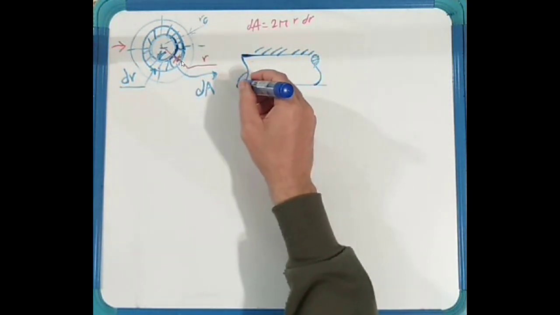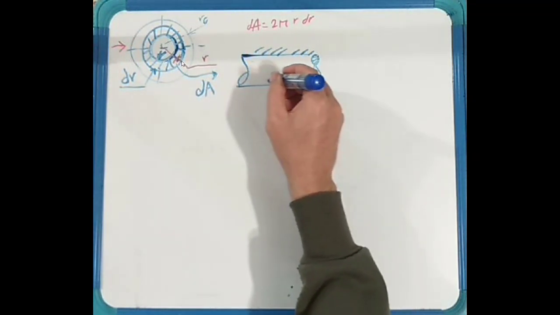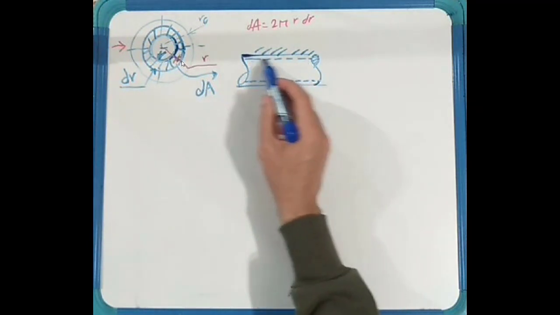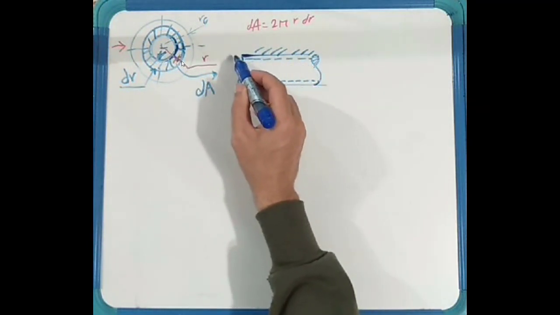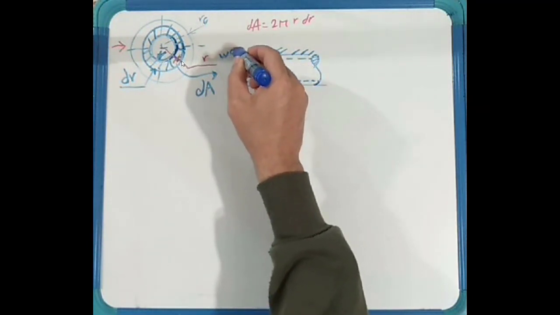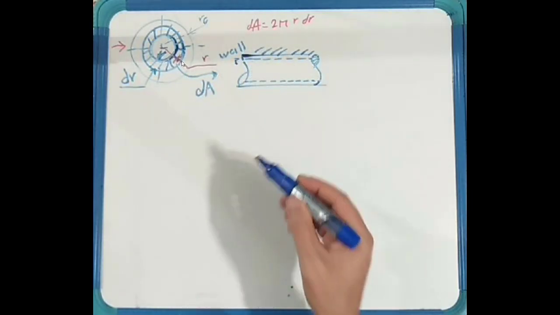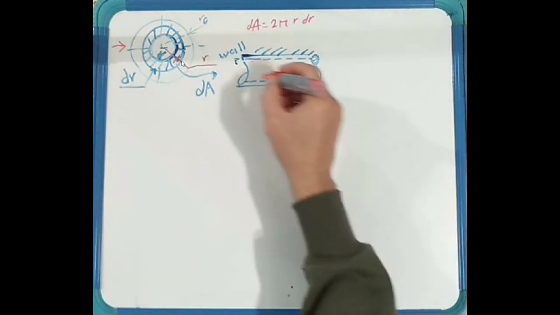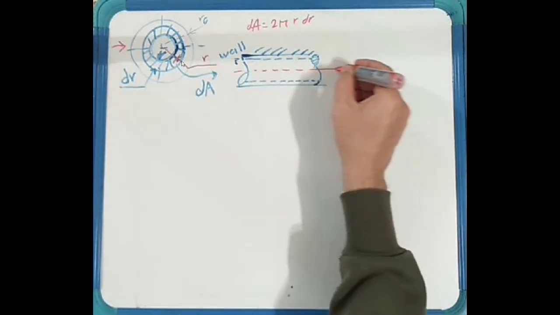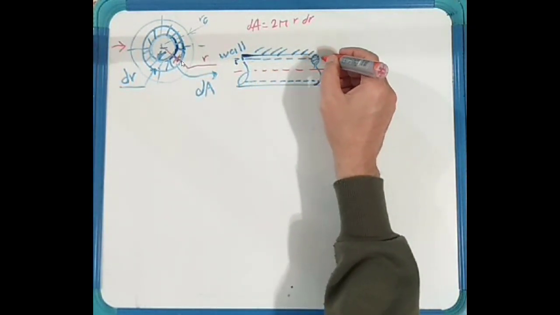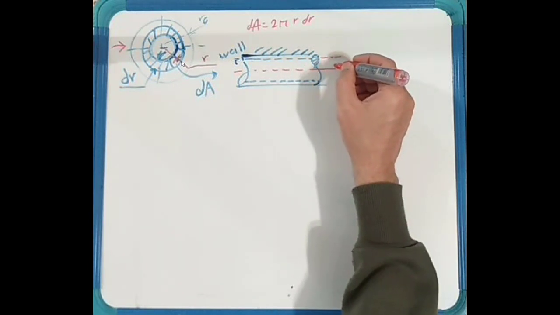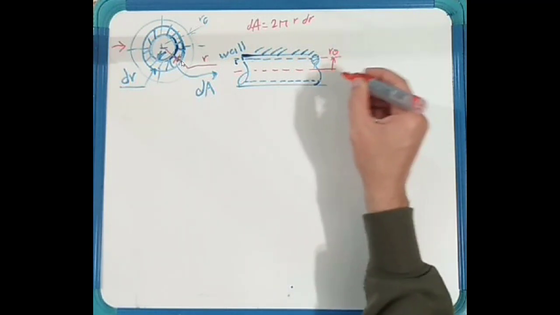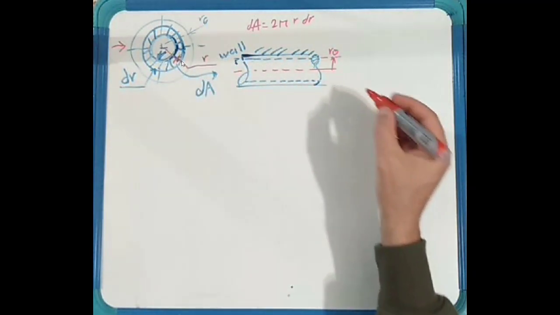If this dashed line is the wall, then we have a center line here. Okay, this R is R0, as I introduced it before.